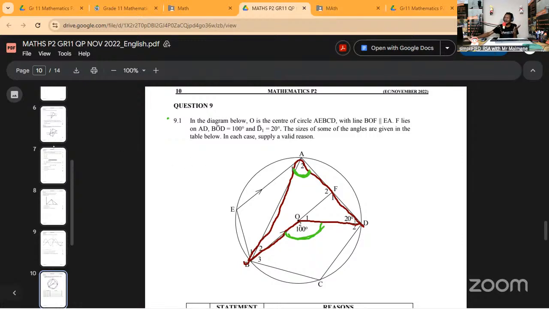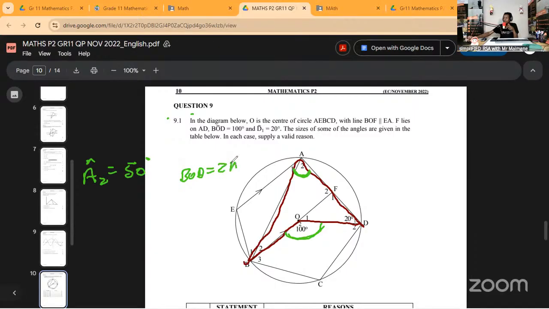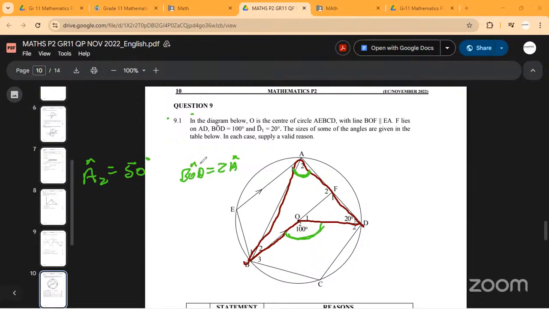So when you have proved it and you know how it applies, you just say angle A2 is equal to 50. For your reason, you can state O is equal to 2 times A.